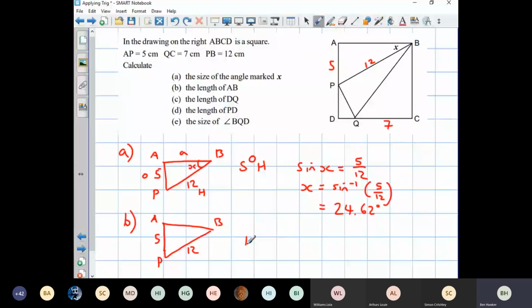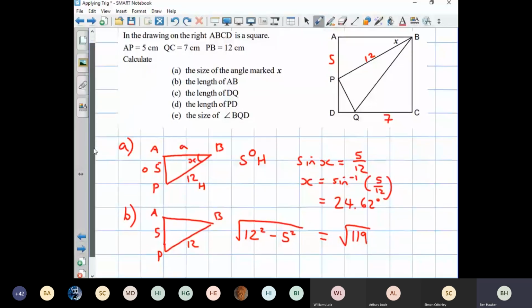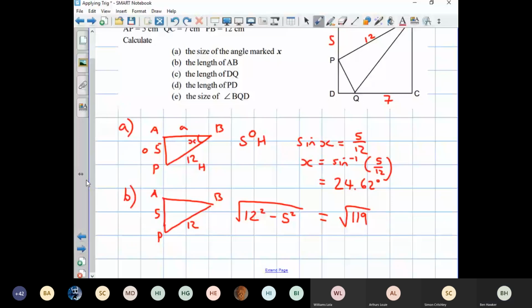So we've got the hypotenuse, subtract the opposite, because we're finding a shorter side, and that will give us root 119. For now, I'm going to keep this as root 119, because once again, we might need to use it for future questions.